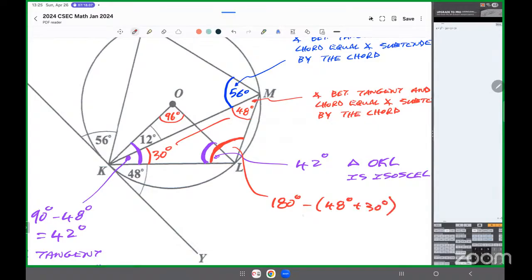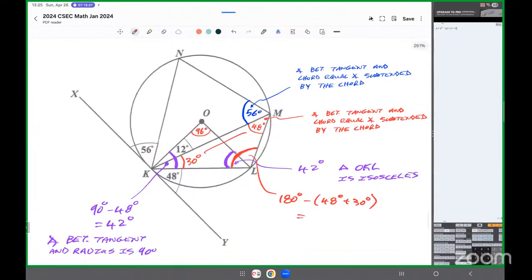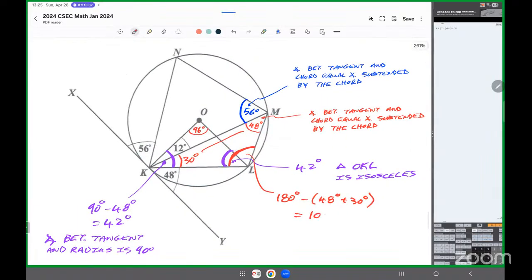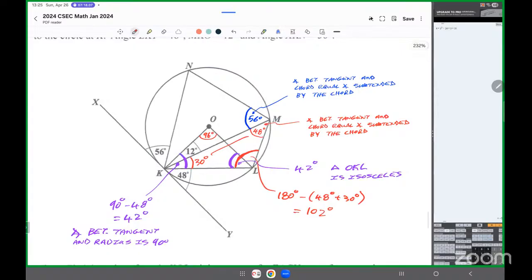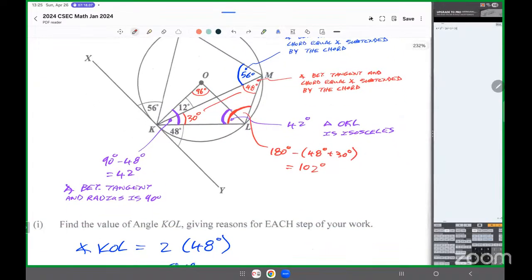What do I work out? 102 degrees. So I'll put this calculation on the next page.